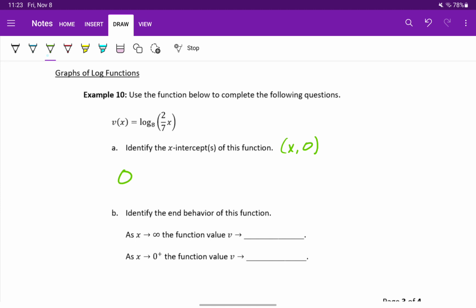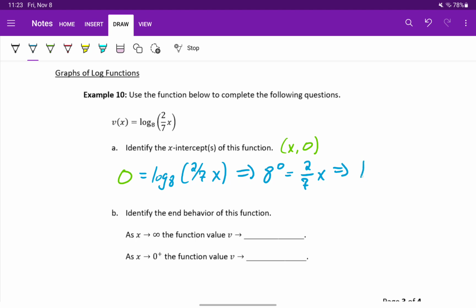What we'll do then is set our equation equal to 0, giving us 0 is equal to log base 8 of 2/7 times x. In order to solve this, we'll convert this into an exponential equation again, which will give us 8 to the 0 power is equal to 2/7 x.